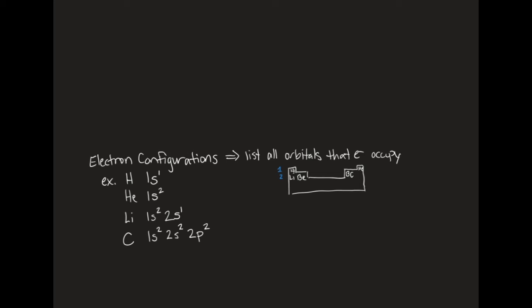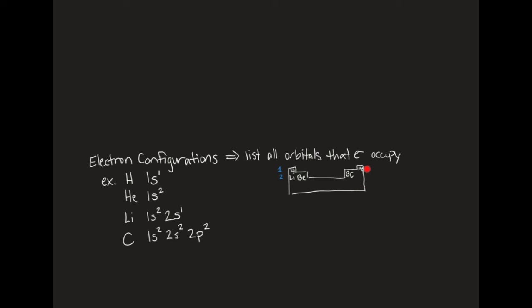And there's another way that I can abbreviate this. Because once we get further down on the periodic table, it's going to get really tedious. I'm going to go 1s2, 2s2, 2p, whatever it is, and so on and so forth. So there's a way to abbreviate it based on the previous noble gas. So rather than having to write out all of this, noble gases are in this column or group here.